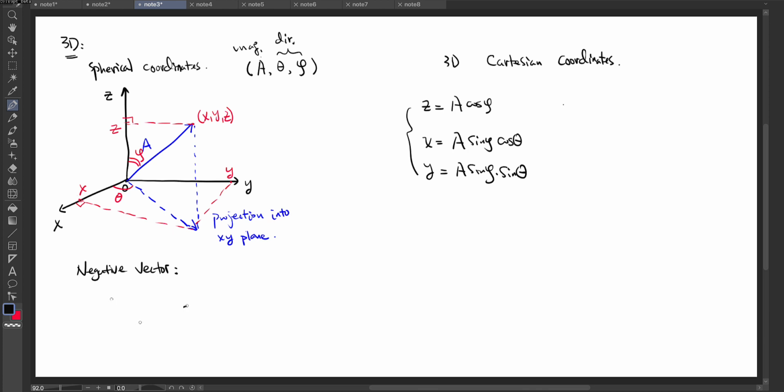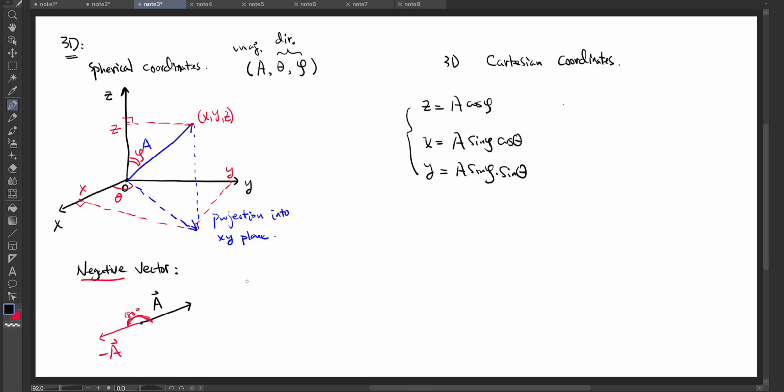We know the previous arrow represents, let's say, a vector A. Now if I reverse the direction of A, or if I rotate this vector A by 180 degrees to the opposite direction, then we have this negative A. That is the definition of a negative vector.